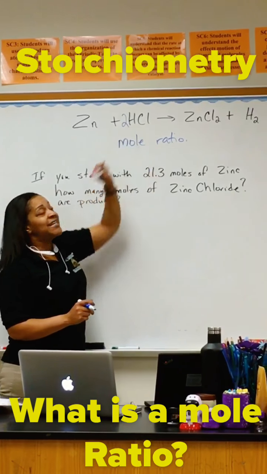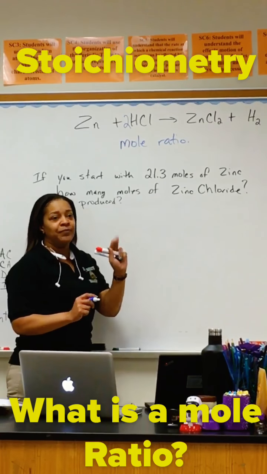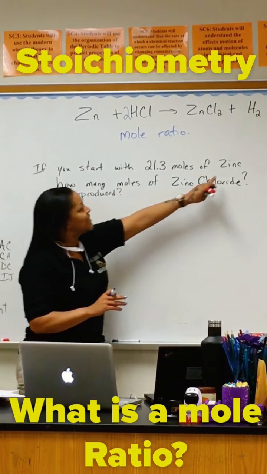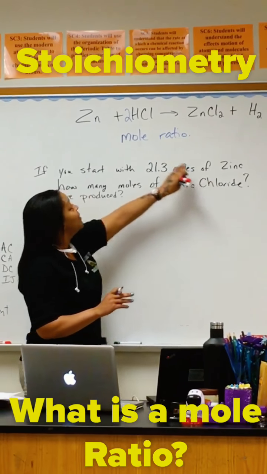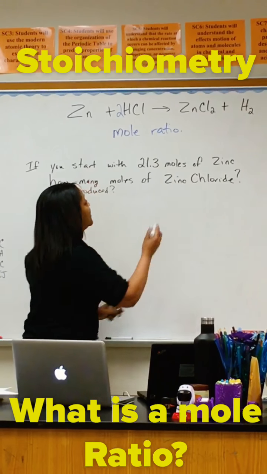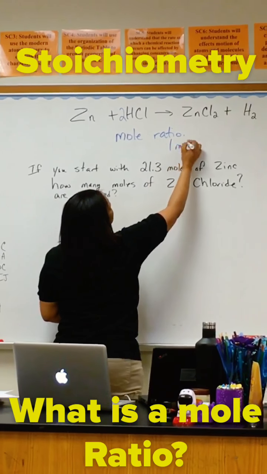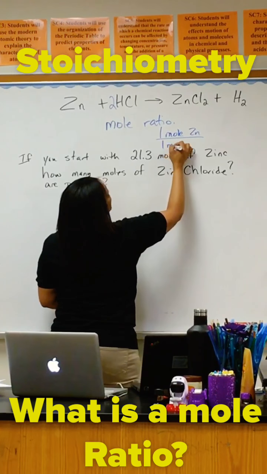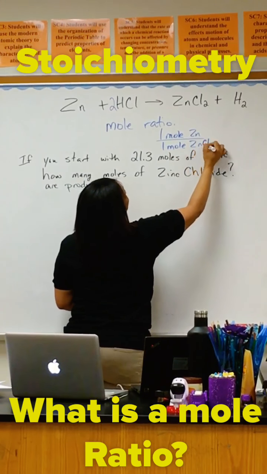The number of moles for HCl would be what? 2. So if I want to know the mole ratio for zinc, let's see our problem. Zinc and zinc chloride, that mole ratio is what? 1 to 1. So I would say 1 mole of zinc for every 1 mole of zinc chloride.